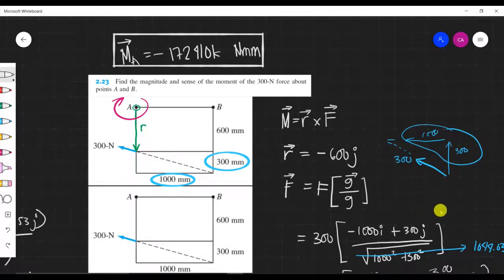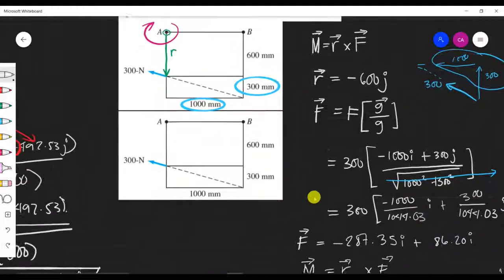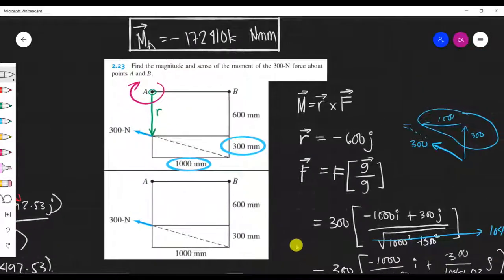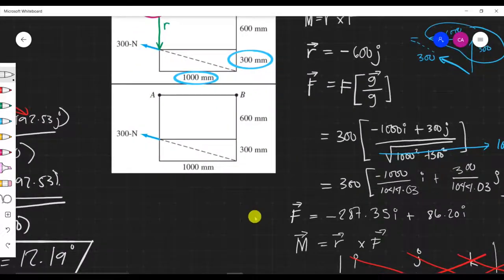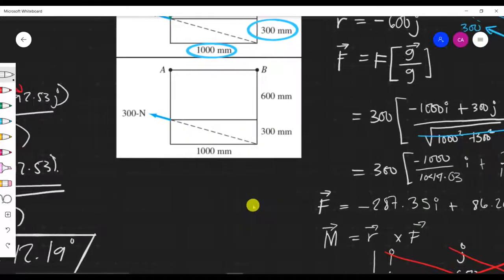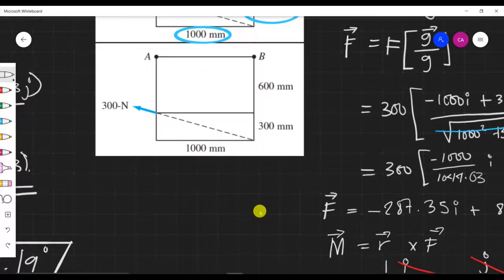Okay? The question na susunod is ito namang sa point B. Sa point B, ang kanyang vector distance is from B papunta dito sa point of application.